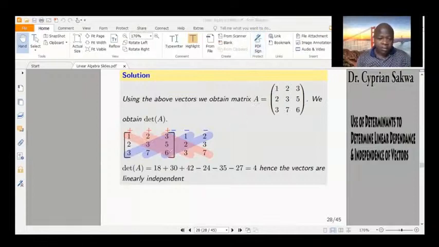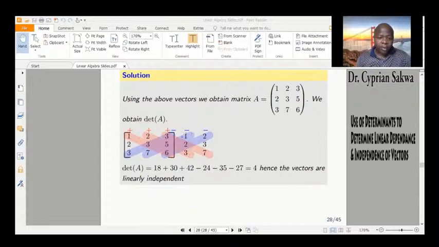So 1 times 3 times 6 gives me 18. 2 times 5 times 3 gives me 30. 3 times 2 times 7 gives me 42. Then 2 times 2 times 6 gives me 24, which I subtract.